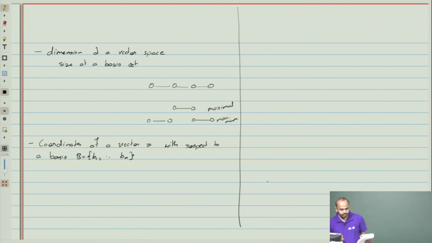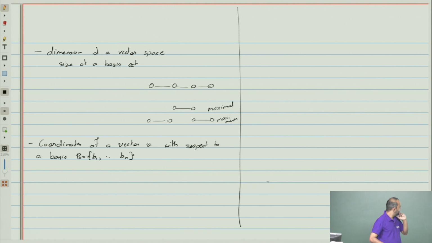Suppose you have a vector space V, the vector space will be in capital V and vectors will be small v. Suppose the basis of that vector space is b1 to bn. So what is the dimension? n is the dimension.